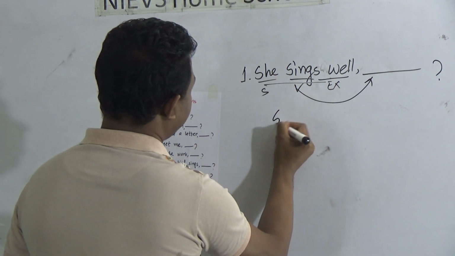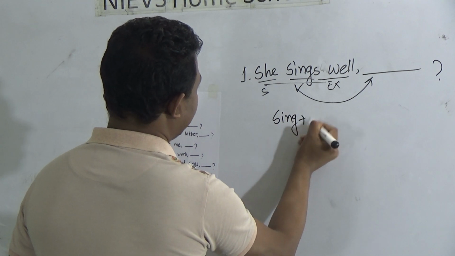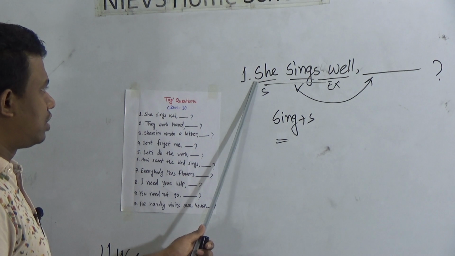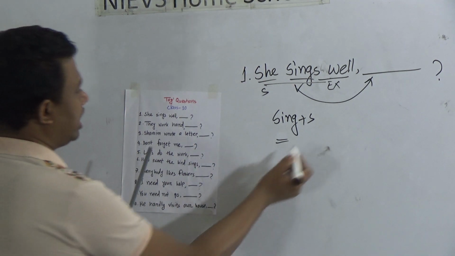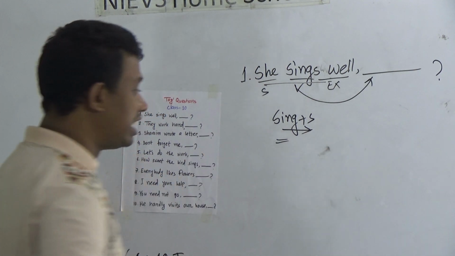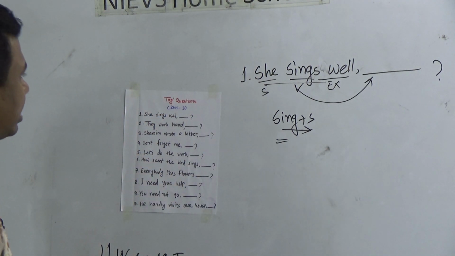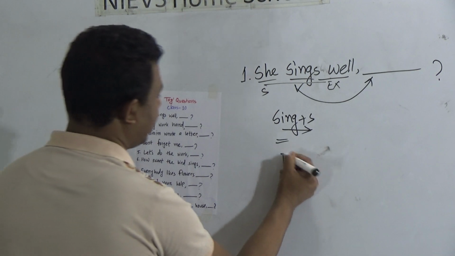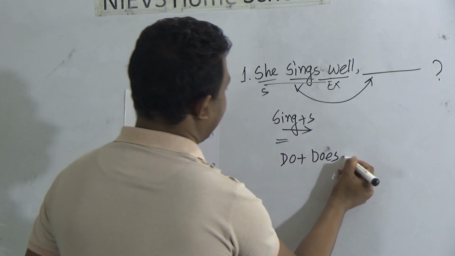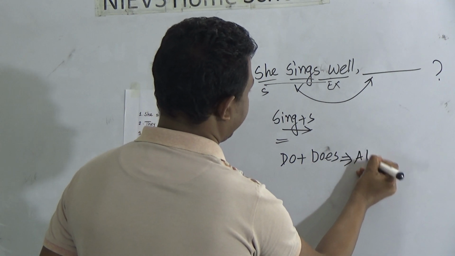So sing plus extra s, that means this is a third person singular number subject which requires an extra s in the case of present indefinite tense. Dear students, for the case of present indefinite tense, we use do and does as its auxiliary verb.